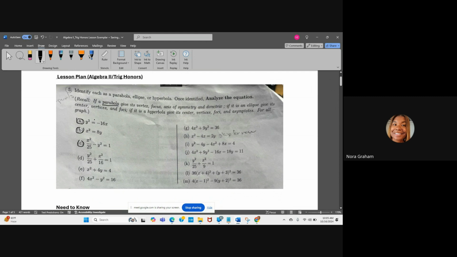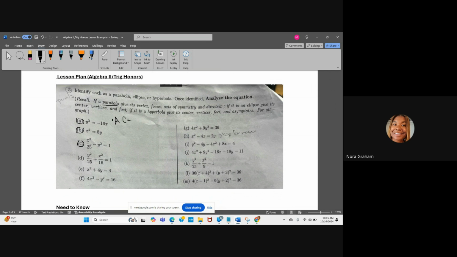The first thing we want to do is identify if A is a parabola, ellipse, or hyperbola. For this one, if we just look at it, we know it's going to be a parabola, but we can also do our test, where we see if A times C is equal to 0.